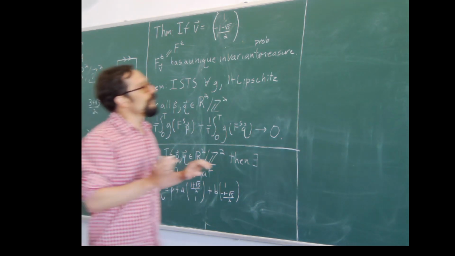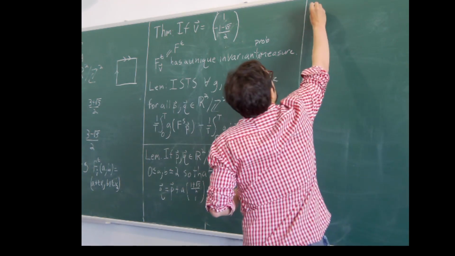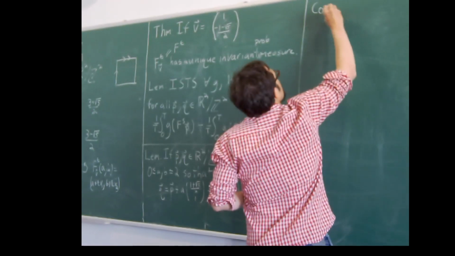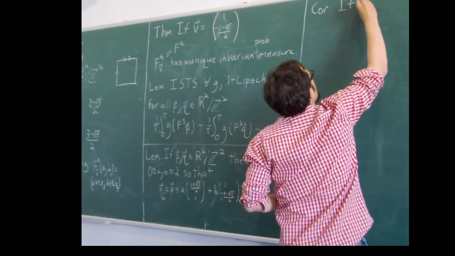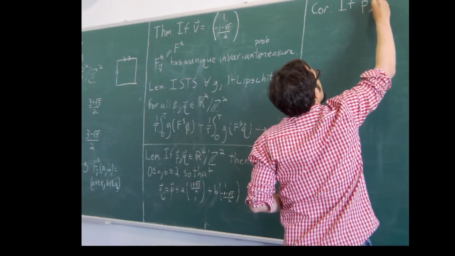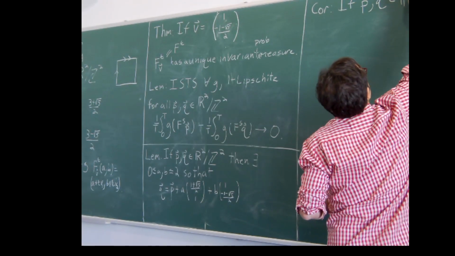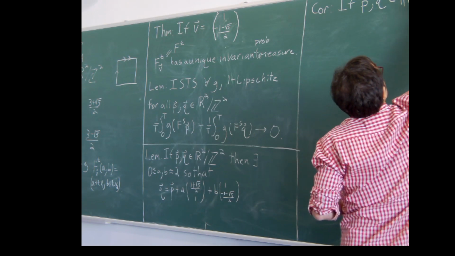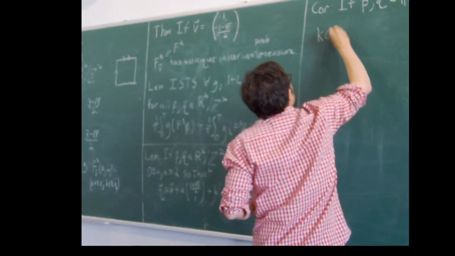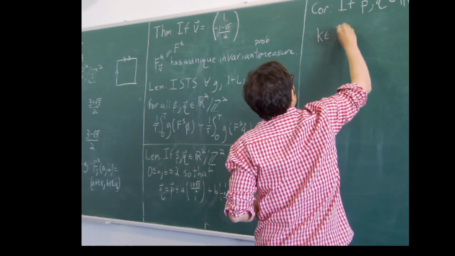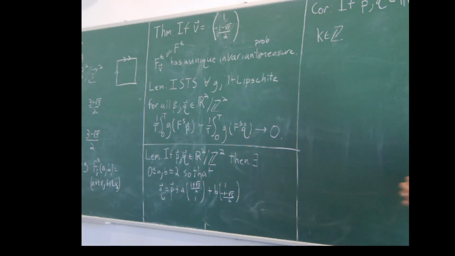Okay, so now we're going to do the key step in the proof, which is the following corollary. If P and Q are in the torus as before, and K is in Z. I'll care about the case where it's a natural number, but this all works wonderfully well.